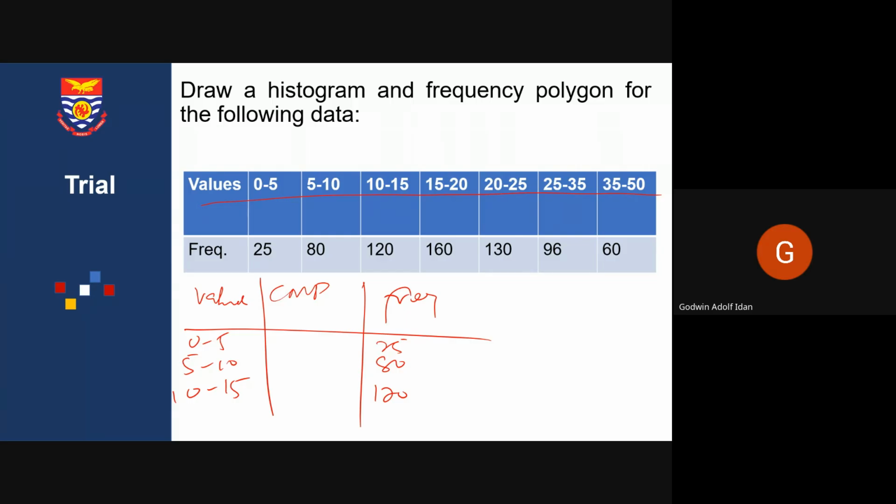The way the values are presented, from 0 to 5, then from 5 to 10, I want to know whether it is class limit or the boundary. I explained this to you last week. I just want to know whether it went down well. So the values and how they are presented, do we say they are class limits or class boundaries, and why?